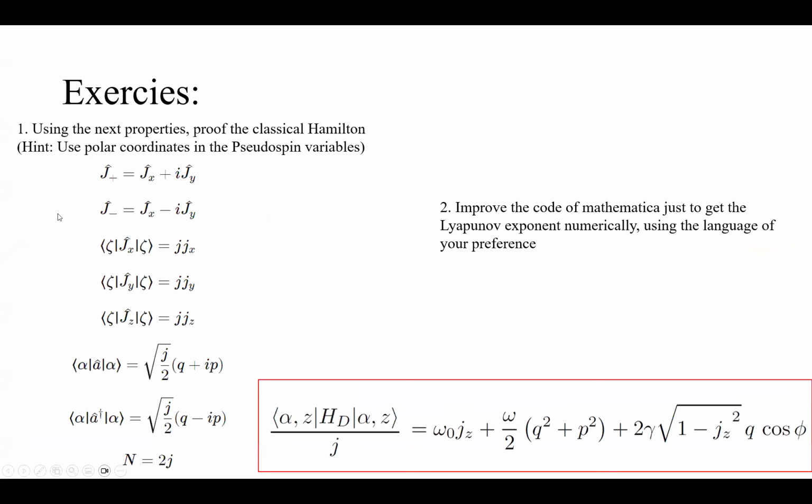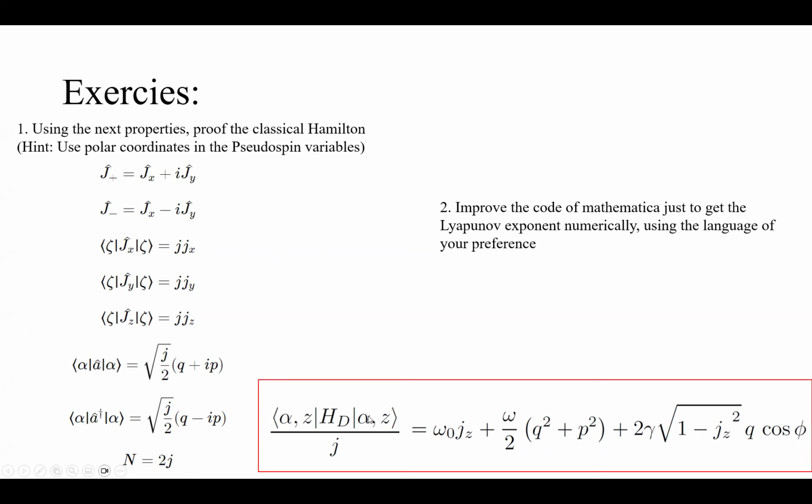Yes, and here the idea is to use these properties, J plus, J minus, and these expected values for these coherent states for the SU(2) algebra, or the pseudo-spin algebra, and the other two for the coherent states in the Glauber sense, with these classical variables, just to get the classical Hamiltonian.